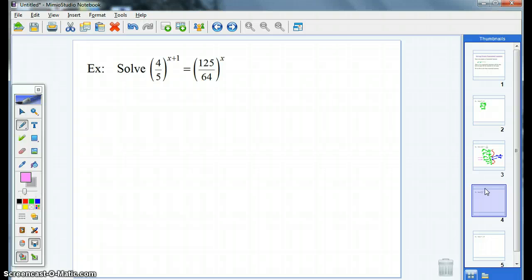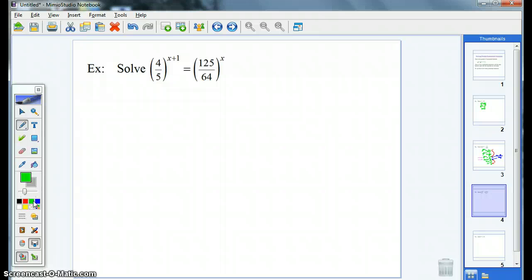For some students it gets a little tricky when you have fractions in there, so we'll look at another example with fractions. On this one, I see 4/5 to the x plus 1, and I see 125 divided by 64 to the x. And initially, you may not be quite sure where to go with this.